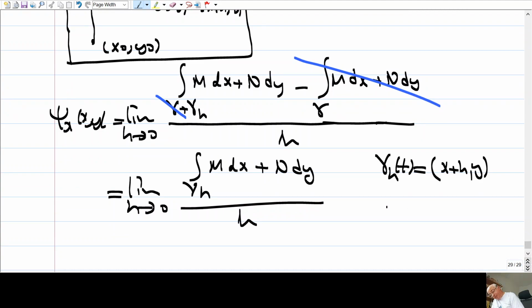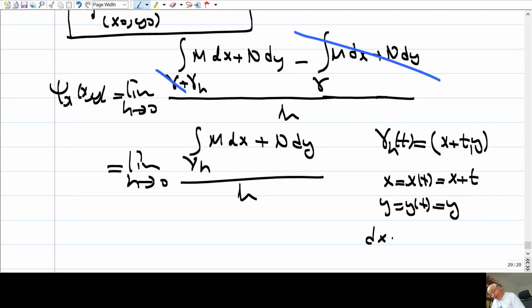Now what is then dx? So this is the x coordinate, x of t, is just x plus t. Well, here, sorry for the notation, I mean the x coordinate of this parameterization. And the y coordinate of this parameterization is just y.